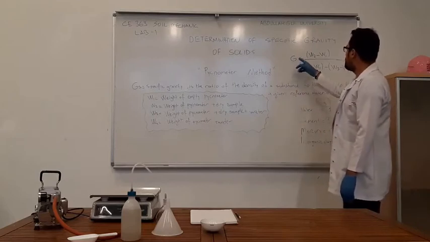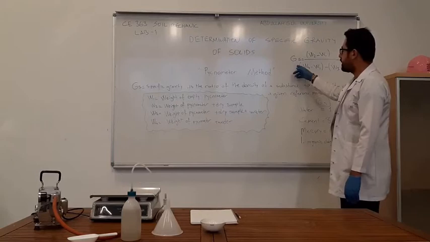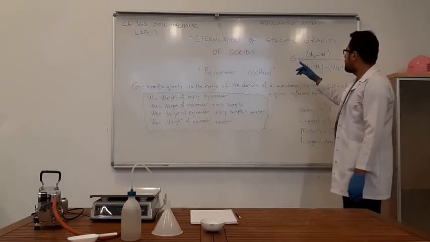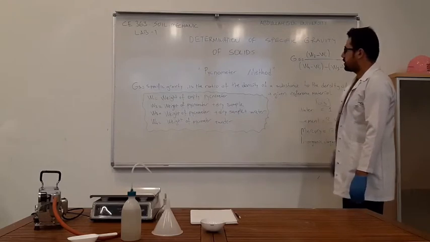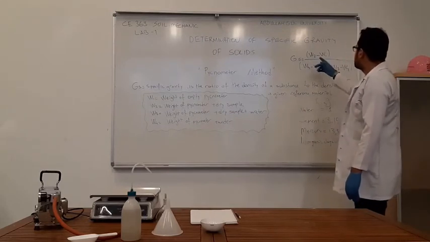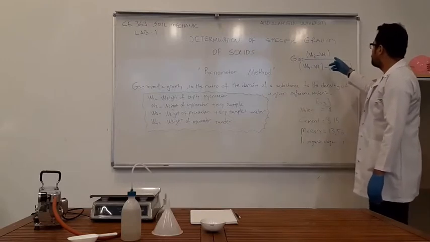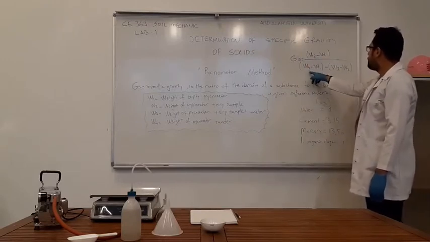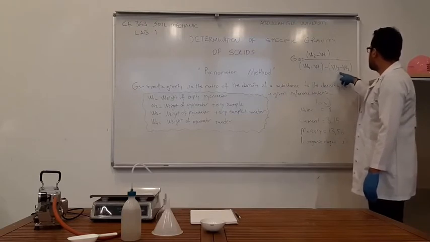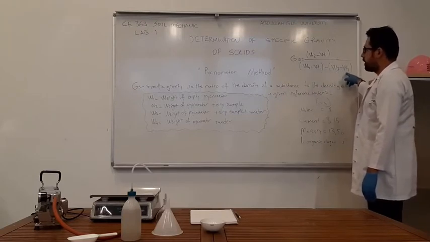This is the equation of specific gravity, and we will calculate specific gravity of a solid using this equation. Let's look at the equation. W2 minus W1 divided by W4 minus W1 and W3 minus W2.